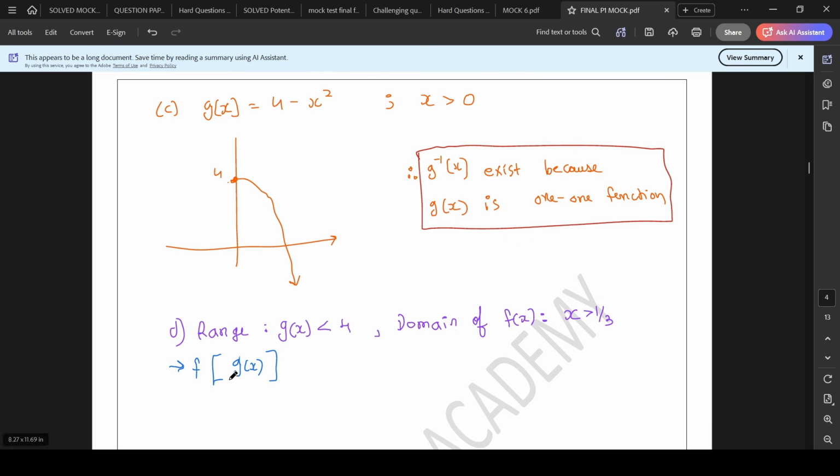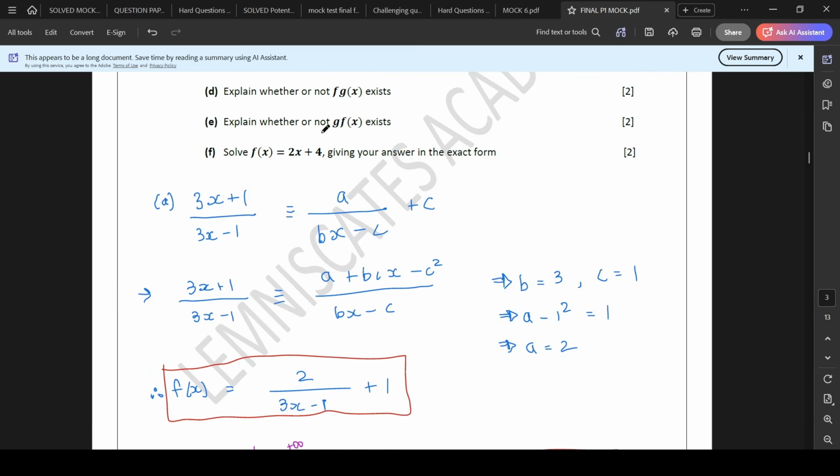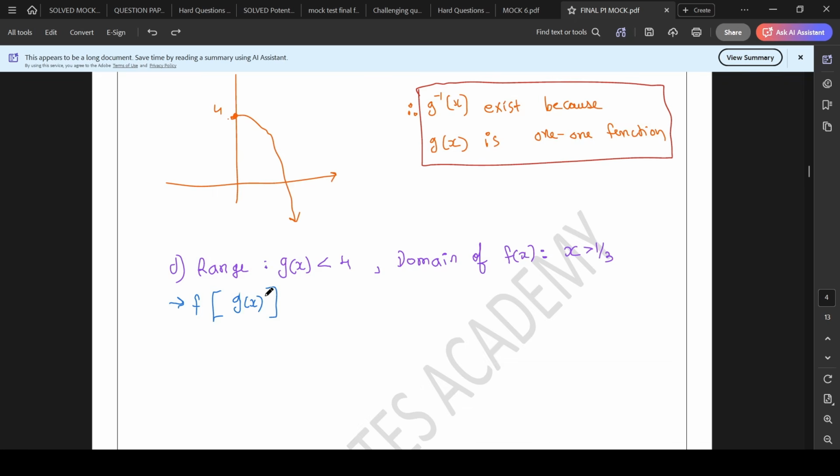I just hope that I've written fg(x) correct. It's not gf(x). Yeah, it is fg(x) for the fourth part. So in this case, I know that the function g is going to take all the values less than 4, and f can accept only the values that are greater than 1/3. So the range of g is not fully contained by the domain of f.